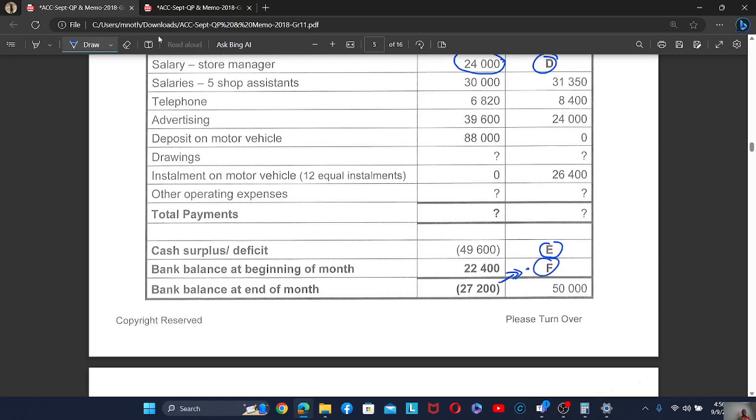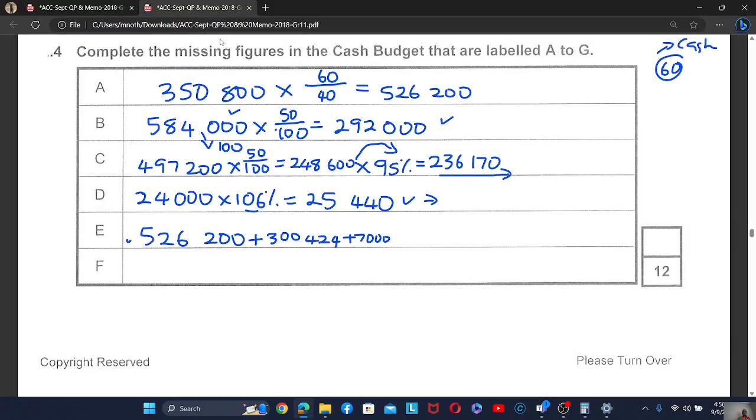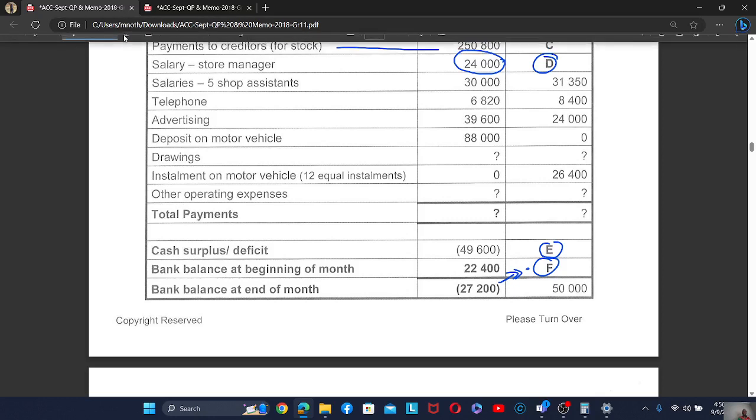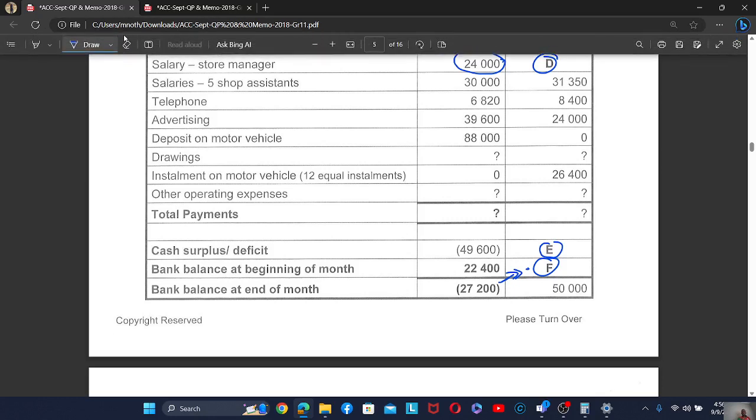So meaning that we already have F, 7,200. So by having these 27,200, it's minus 272, so it means that now we can find letter E.